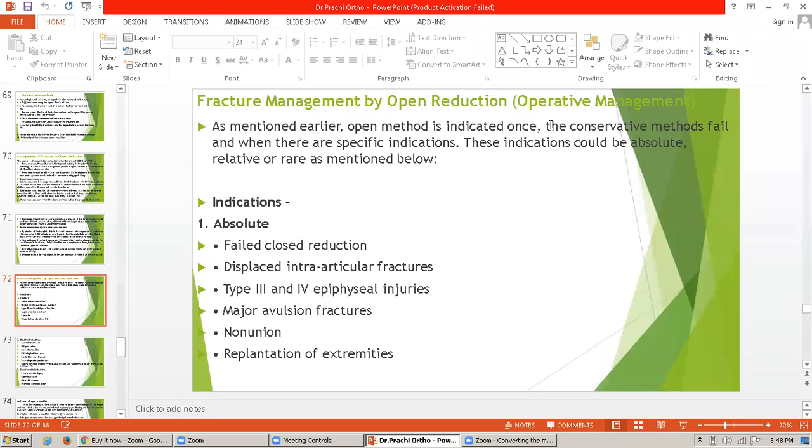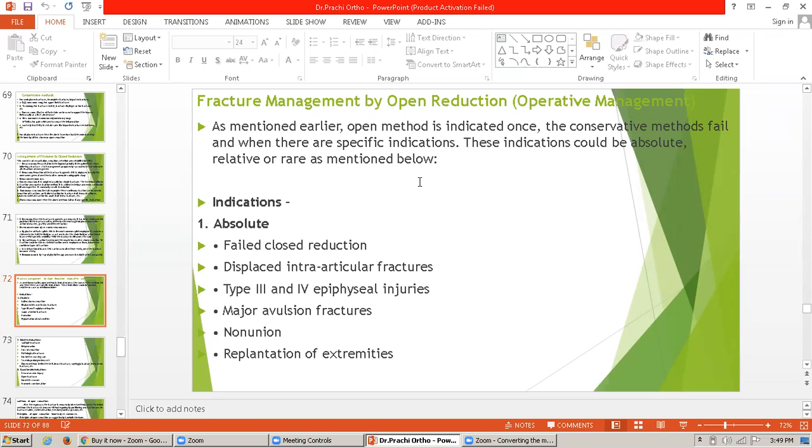As mentioned earlier, the open method is indicated once the conservative methods fail and when there are specific indications. These indications could be absolute, relative, or rare, as mentioned before.